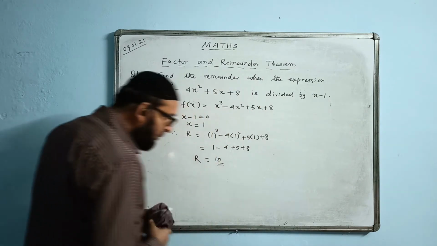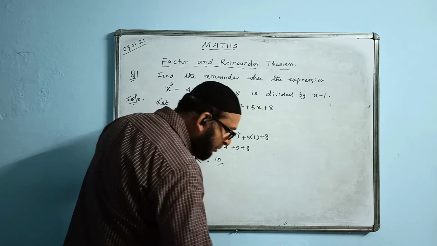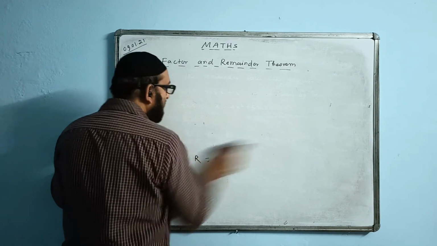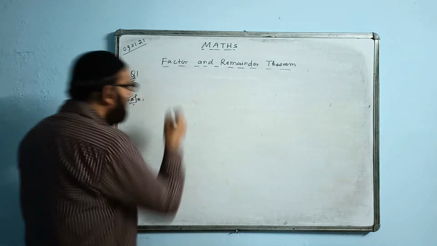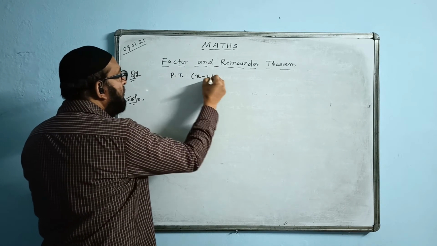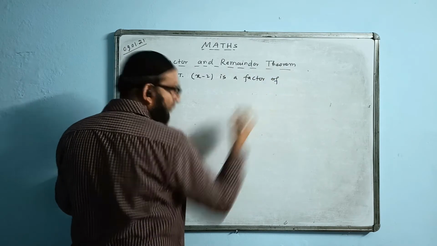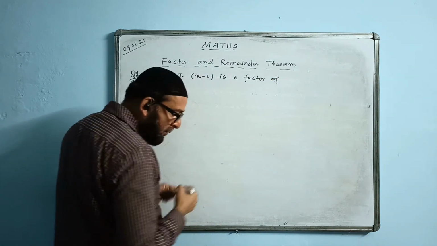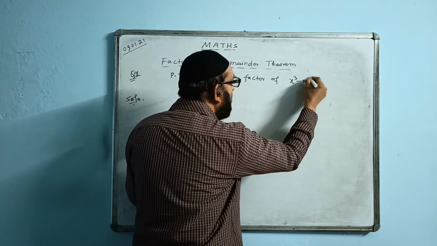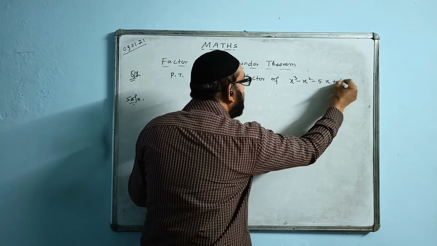Now, another one. Suppose the question says prove that x minus 2 is a factor of x cube minus x square minus 5x plus 6.